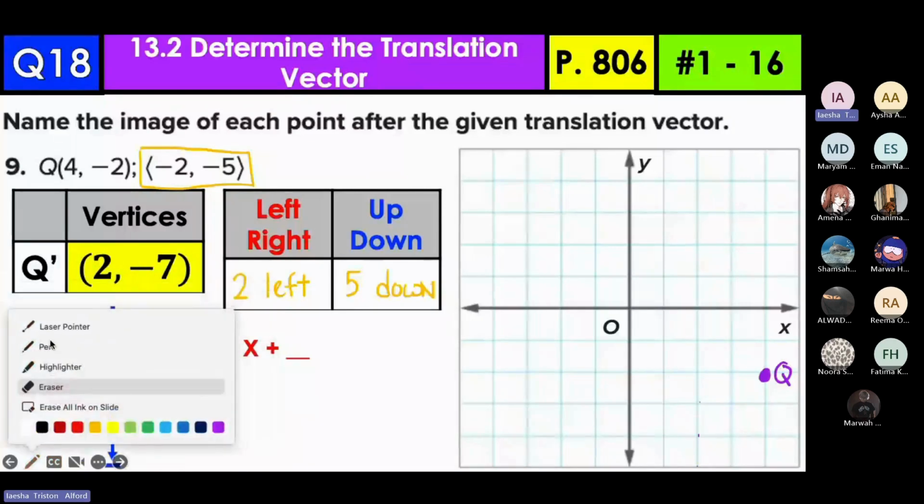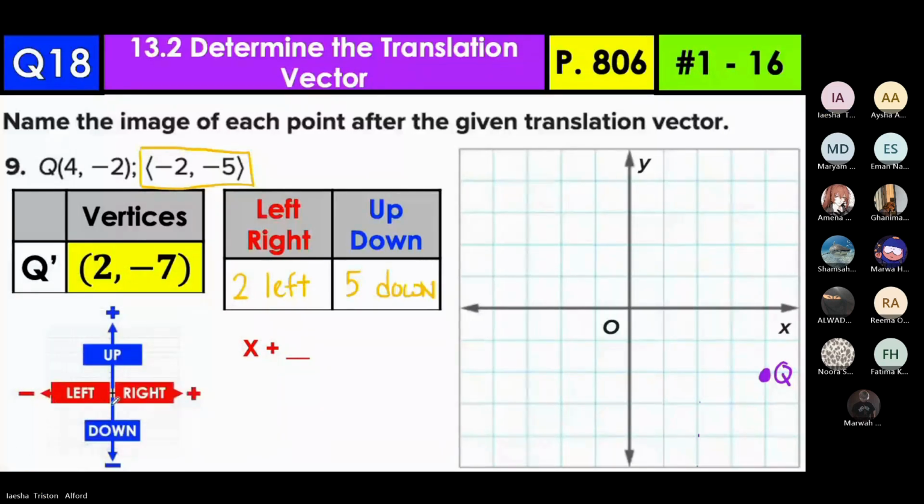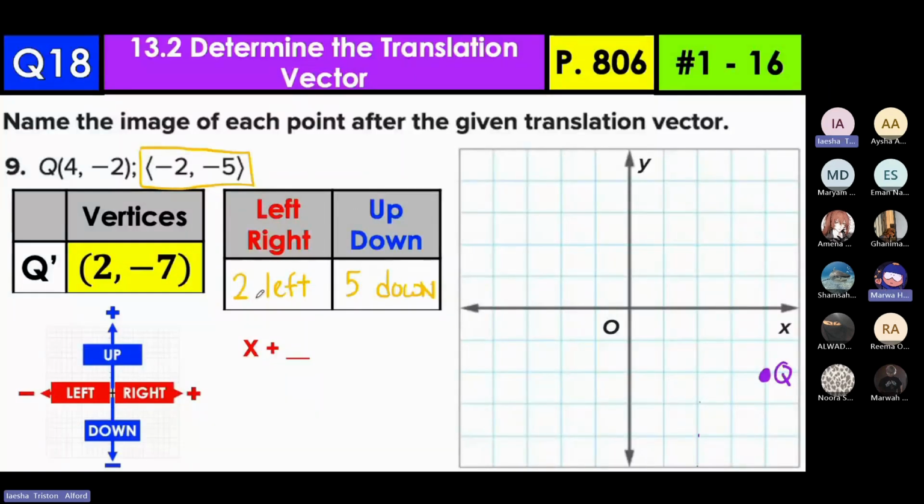So what's the shortcut? Take your x number and add what? According to your vector, it says add 2 left. Add what? -2. For the y number, add what? -5. So take the number from your vector and add it to this one is the shortcut.